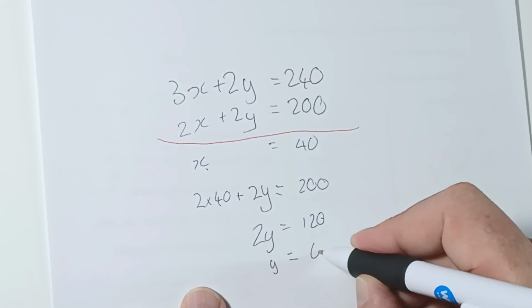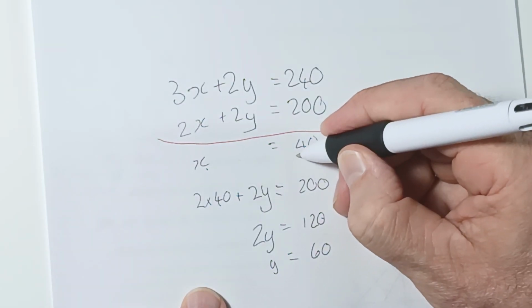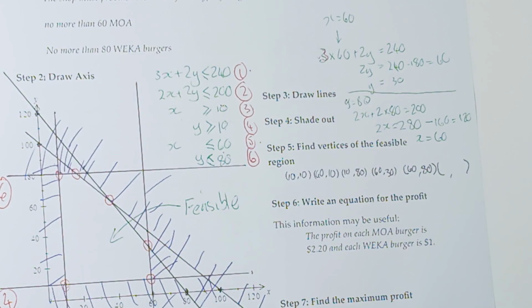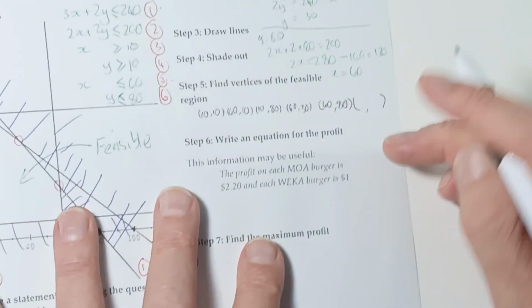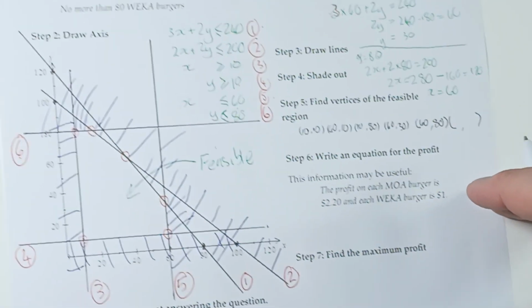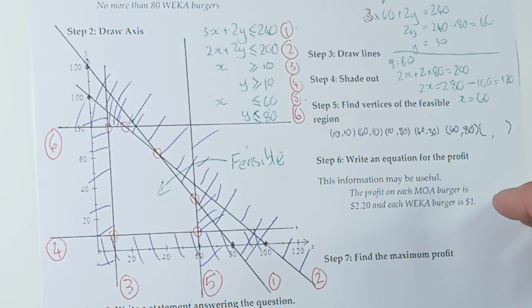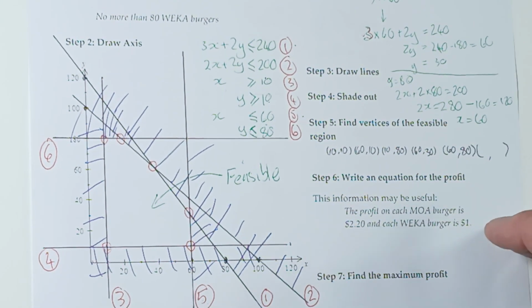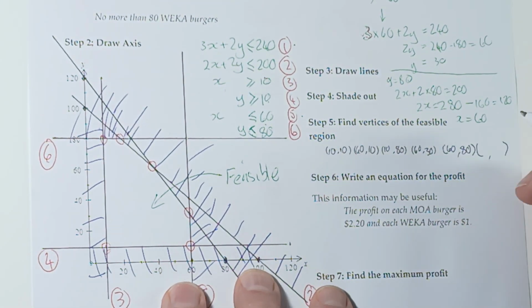Y equals 60. So these are our two numbers. X is 40, y is 60. And I'm going to put that back into my found points, just here. 40, 60, wasn't it? 40, 60, yes.